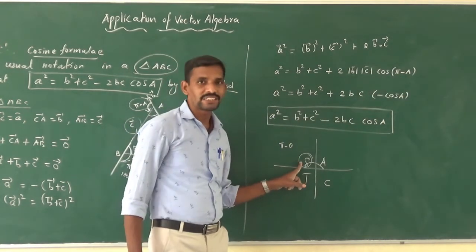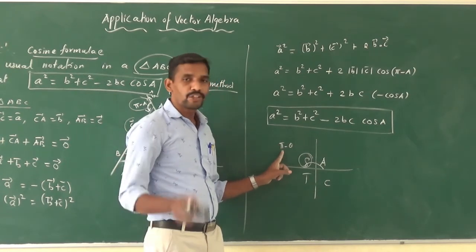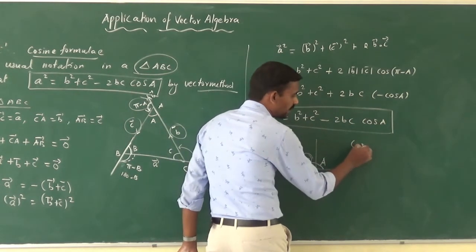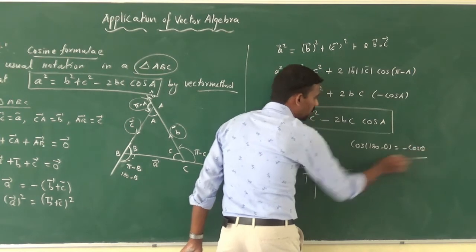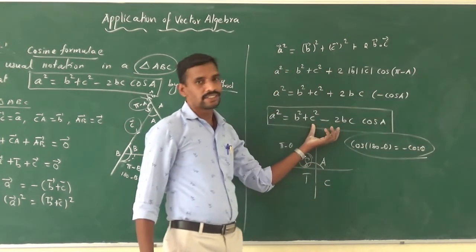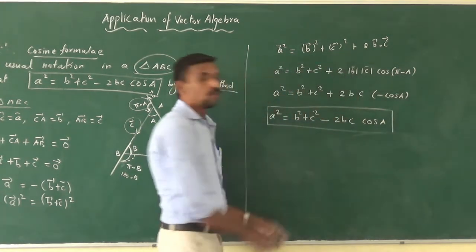In the second quadrant, only sine theta and cosec theta are positive; the remaining ratios are negative. That is cos of 180 minus theta is equal to minus cos theta. So cos of pi minus a is equal to minus cos a, hence the result is over. So the remaining two sums we can do like this.